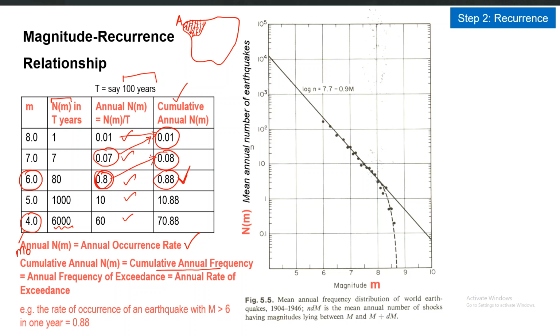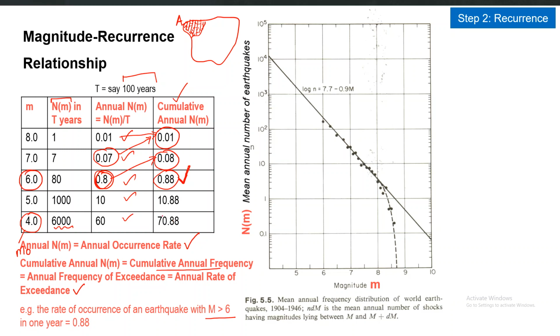So this last column, the cumulative number, is the annual frequency of exceedance or annual rate of exceedance, which means this is the rate of having an earthquake not only of 6 but even greater than 6, maybe 7 or 8 also. So now this number 0.88 is the rate of occurrence of an earthquake with magnitude greater than 6 and not only 6, because cumulative is adding the previous rates also.